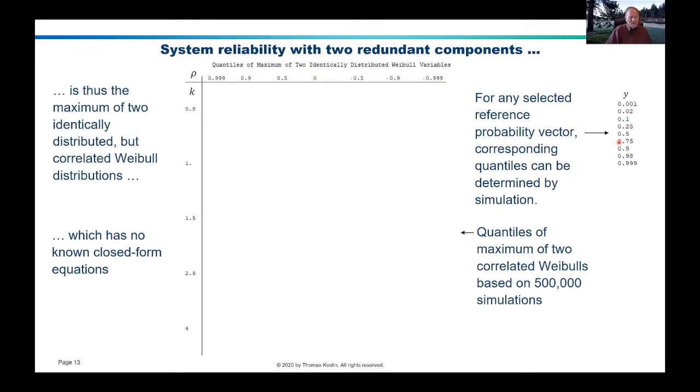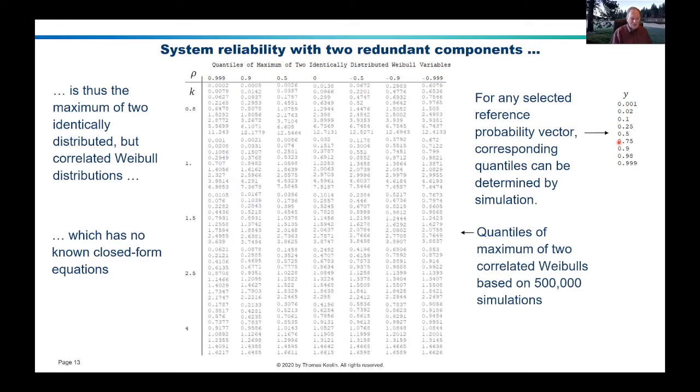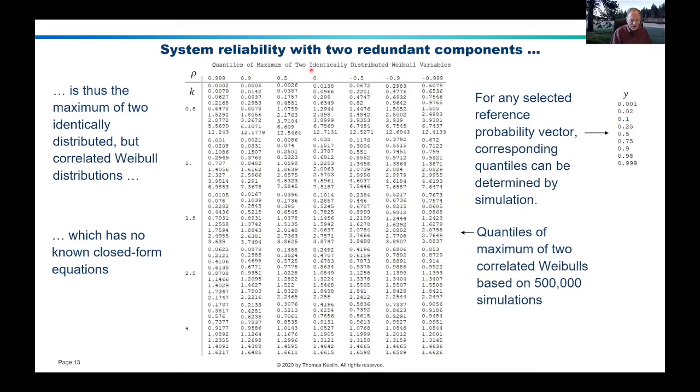But we end up with a table of quantile parameters. And here they are. If rho is 0, they are independent. And for the shape parameter of 1.5, you get this, right? And this is for a lambda, a scale parameter, of 1. But again, this can always be rescaled according to different lambdas, so that can be done after the fact.